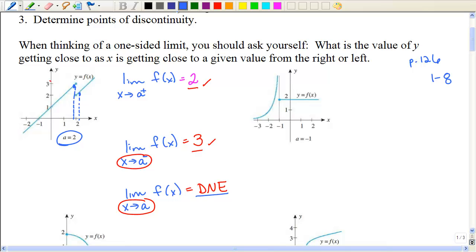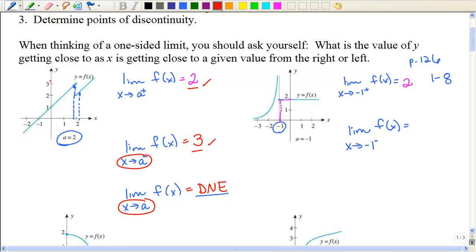All right, let's look at this one. We have the limit as x approaches -1 from the right-hand side, and we want the limit as x approaches -1 from the left-hand side. The book has drawn us a little line at -1. From the right-hand side, meaning a little bit bigger than -1, we're exactly at 2.